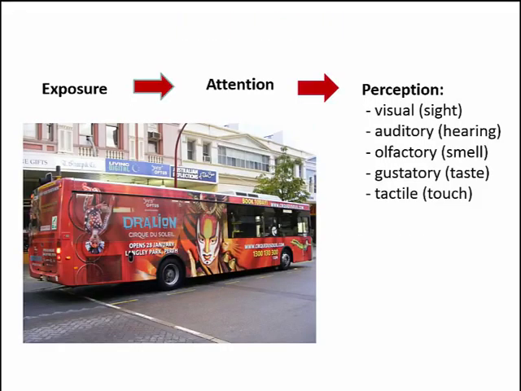Now, in order for any marketing stimulus to have an impact, consumers must first be exposed to it. Then they must allocate some attention to the stimulus, and finally they must perceive it through the 5 senses, which are sight, hearing, smell, taste, and touch.